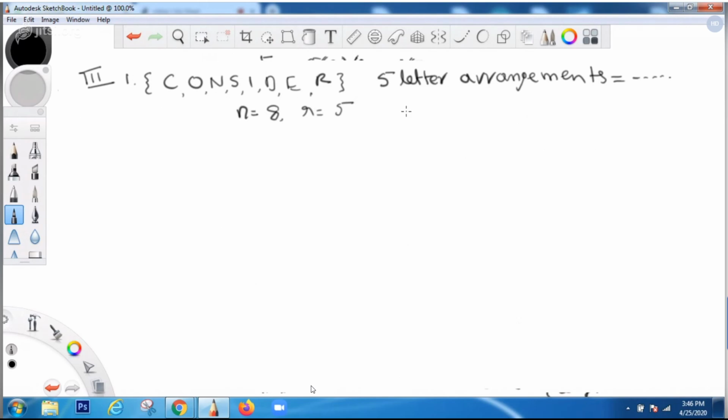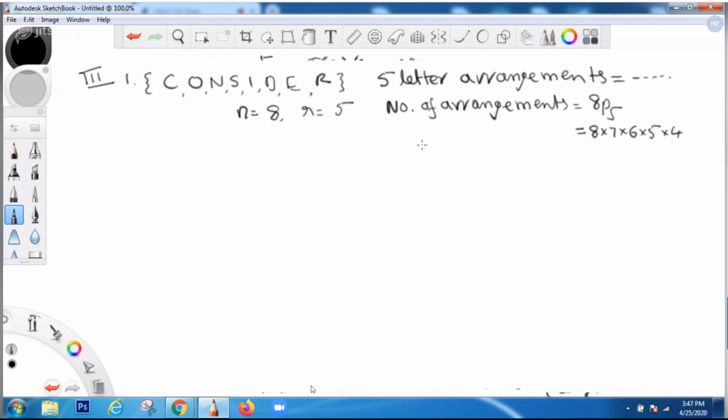Number of arrangements is 8P5. 8P5 is equal to 8 into 7 into 6 into 5 into 4. We can multiply and find it later.